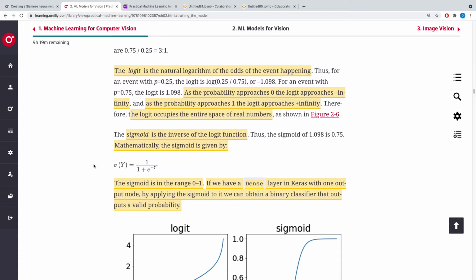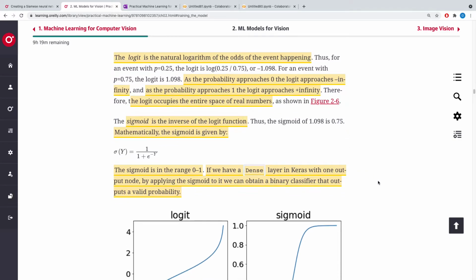So the sigmoid is the inverse of the logit function. If your logit is 1.098 and you put 1.098 here, you are going to get a sigmoid of 0.75.